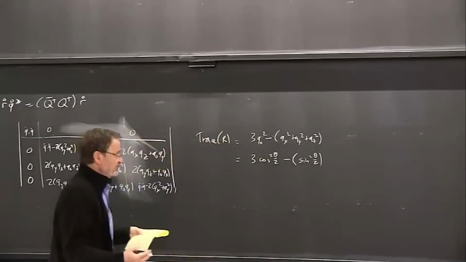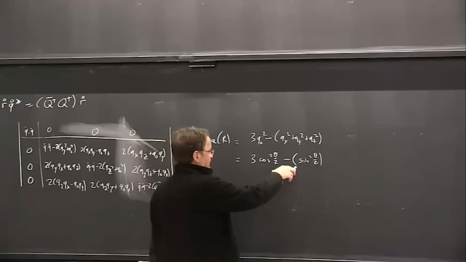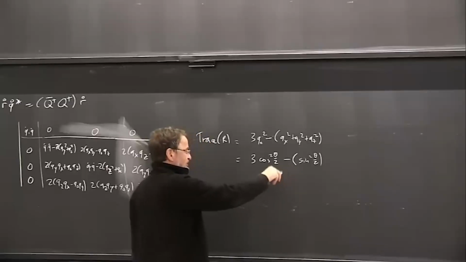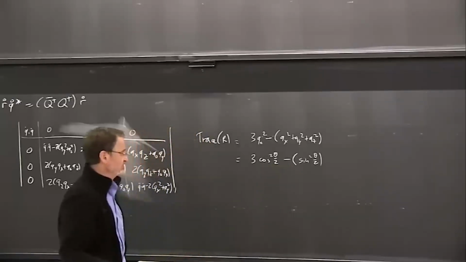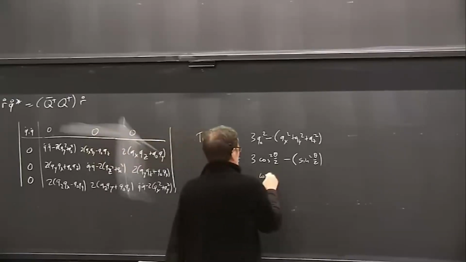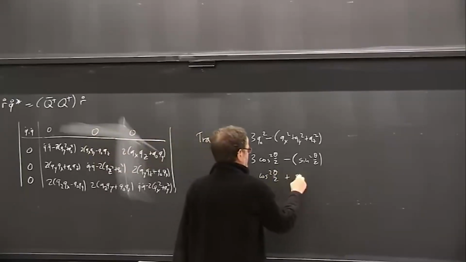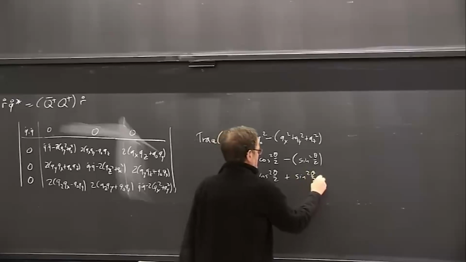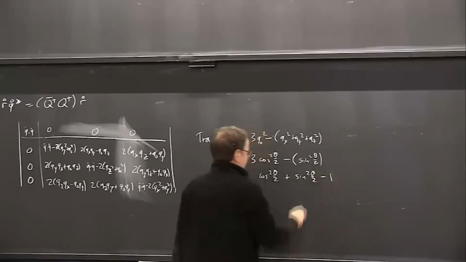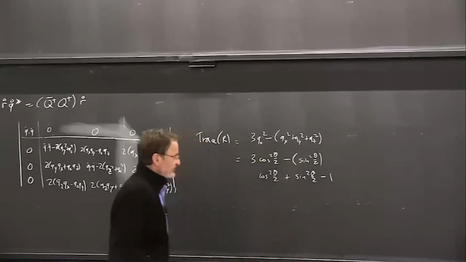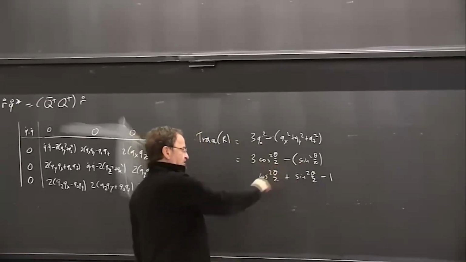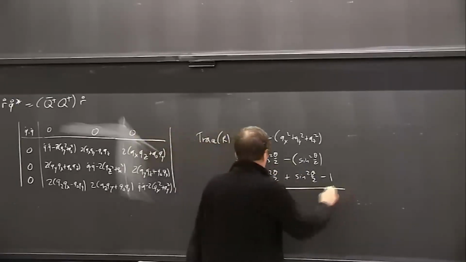And then we can manipulate this various ways, like we could add cos squared theta over 2 plus sine squared theta over 2 equals 1 in order to get rid of that. So we can add that in without changing anything, or we can subtract it.